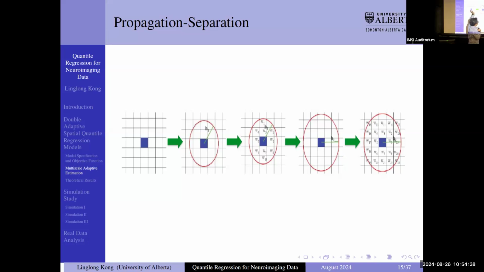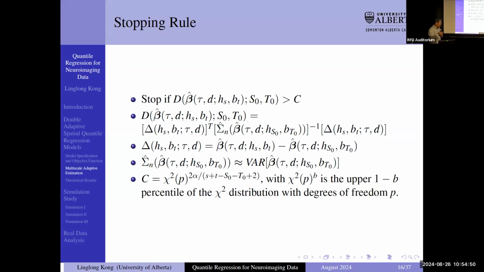After we get the initial estimate, we can update our weight, and then we look at an even bigger bar, trying to borrow more information. Now, the stopping rule, like I said, we have to stop. We don't want to be too far away from our initial estimate because it's already consistent. Our goal is just trying to make the variation smaller and make the estimate more efficient.